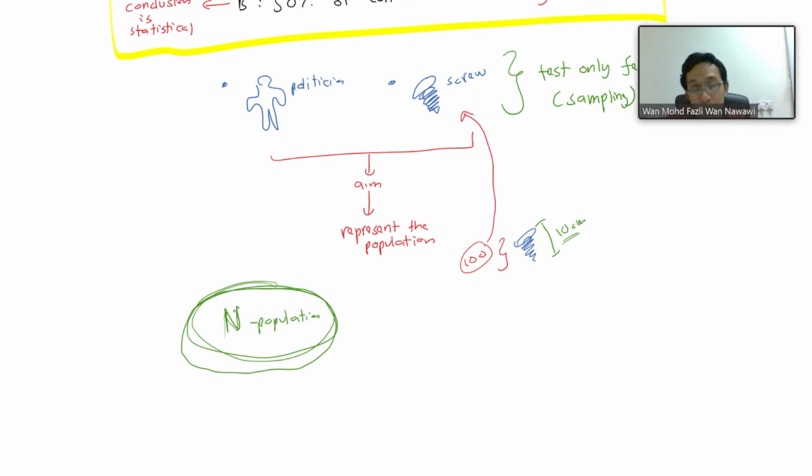But if you take a sample, you are not sure. You hope it represents the population, giving the same conclusion as if you asked the whole population. So that's why you don't use statistics to prove your finding.